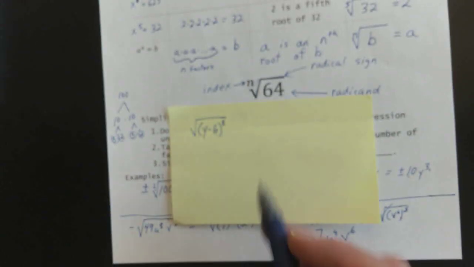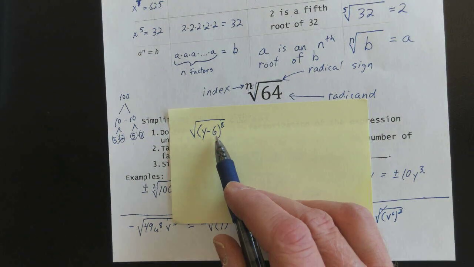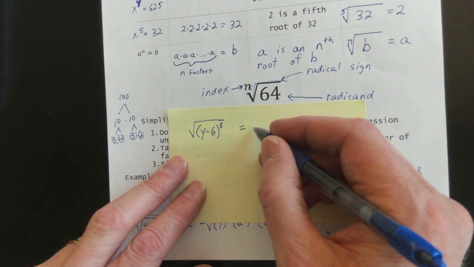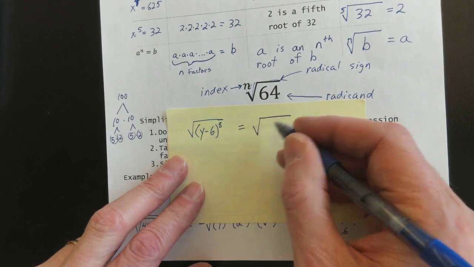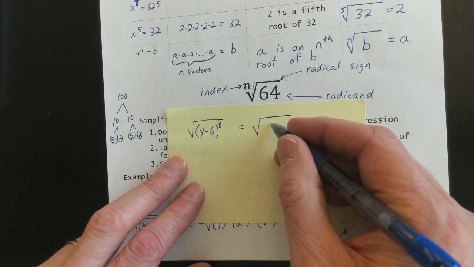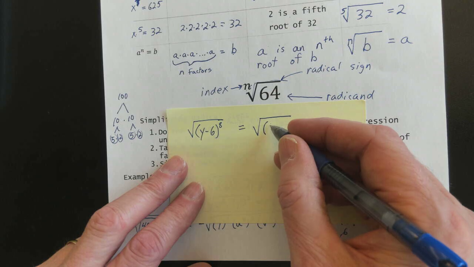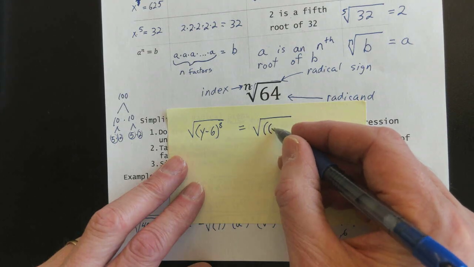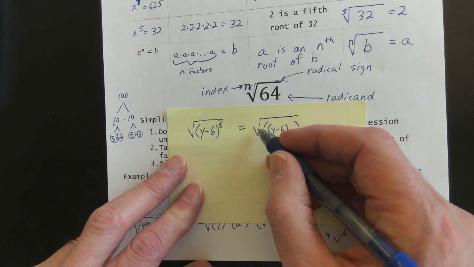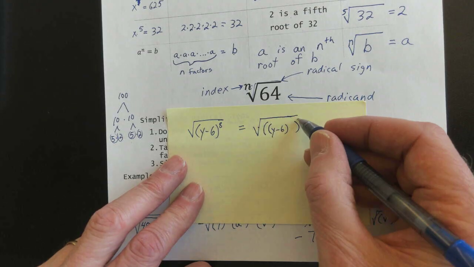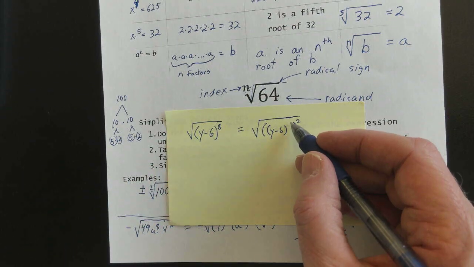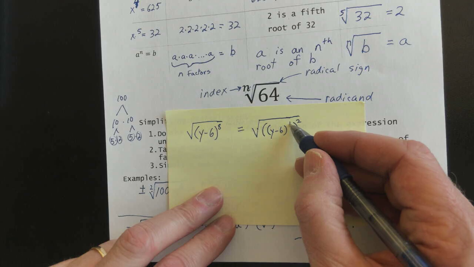I have an expression. Make double parentheses, put y minus 6 in the inside. I'm going to leave a space. This is a square root, right? So I want a second power here. What power is here? It is.